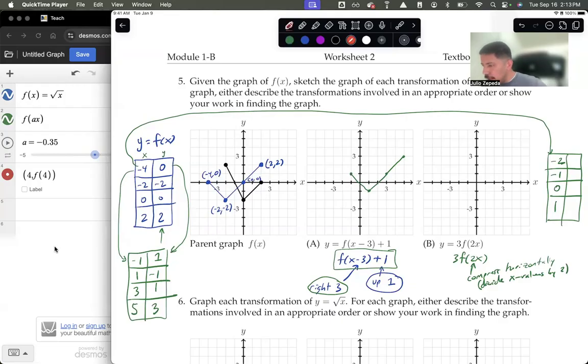Let me draw that in purple. This 3, when we multiply by a number outside of the function, that's going to change the y values, the function values, to 3 times their size. So this is going to be a vertical stretch. This is going to multiply y values by 3.